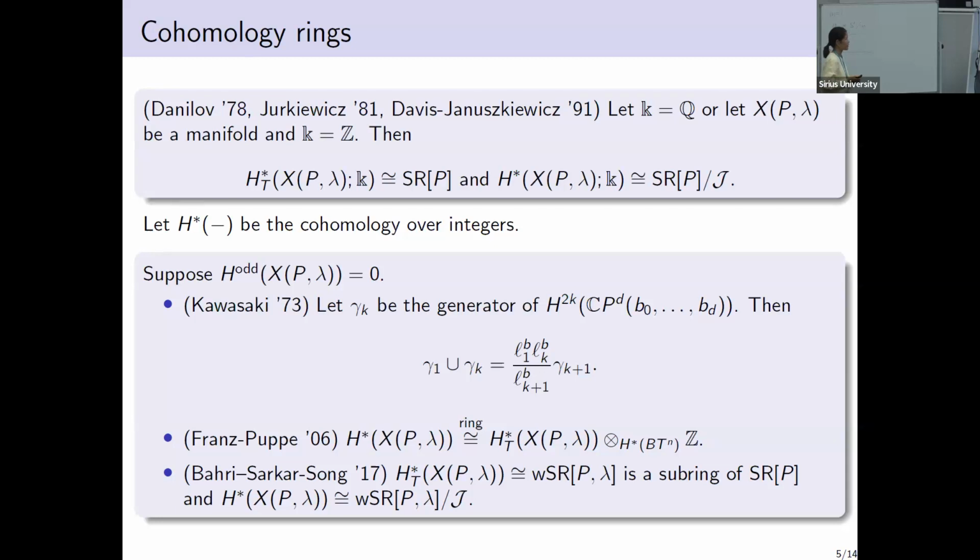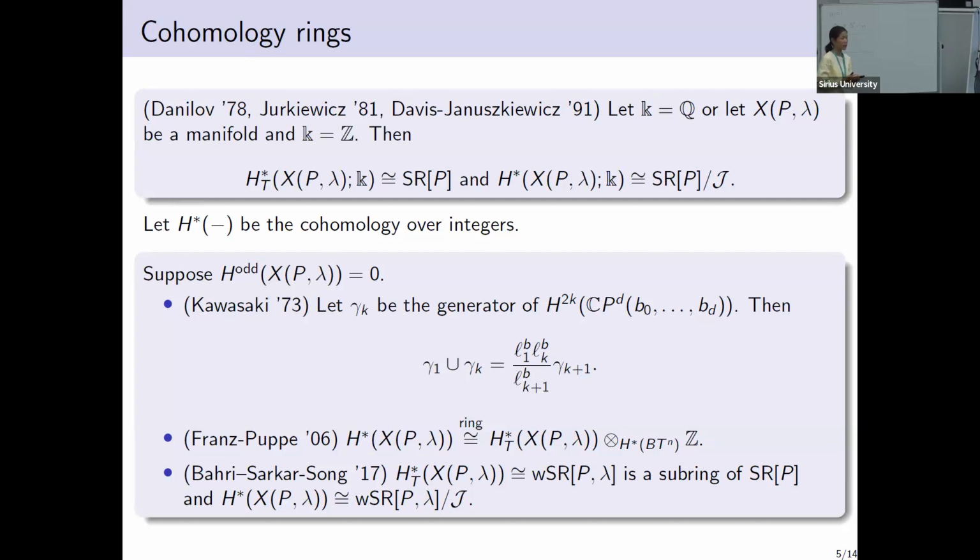Then almost 10 years later, Bahri, Sarkar, and Song gave a description of this equivariant cohomology, called the weighted Stanley-Reisner ring, denoted by ΩSR_P lambda.